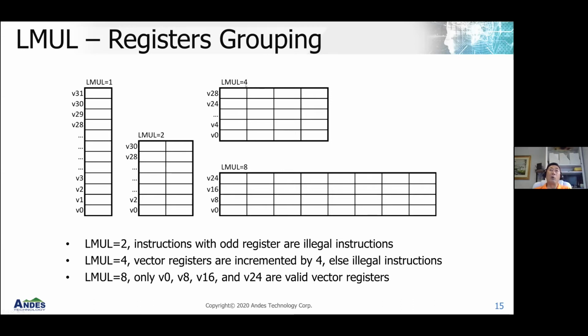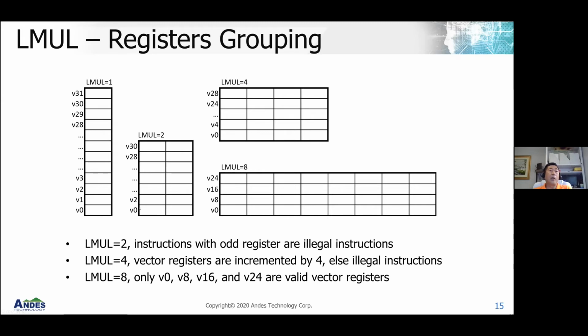When LMUL equal 4, there are only 8 registers in the register file, but the width is 2K, and then for LMUL equal 8, the width is 4K. So this is 4K bit, okay? But you only have 4.